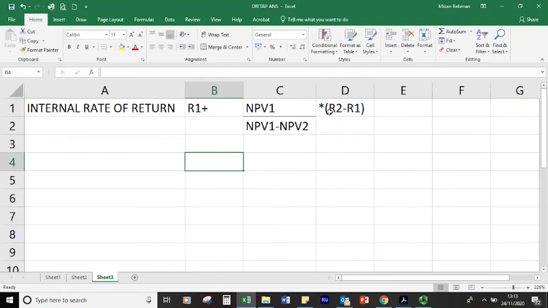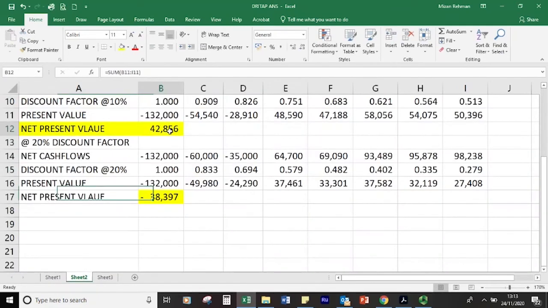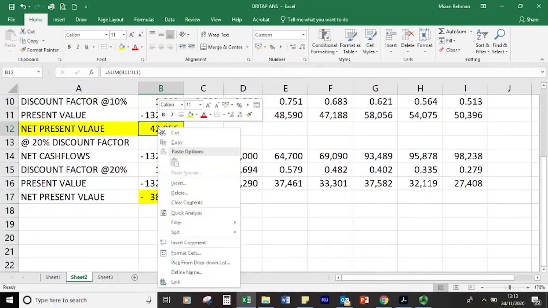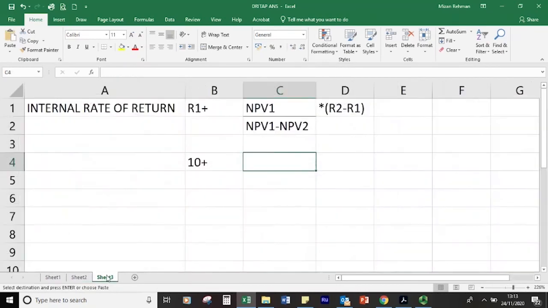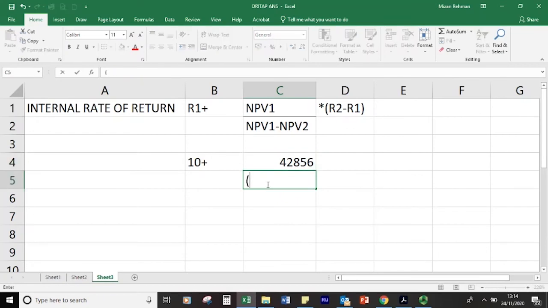So R1 is 10. Do not get messed up with the percentage sign, you don't need this in this formula. NPV1 is 42,856, so let me go there and find this out. Copy it, and on decimal places, we don't need that many. Divided by NPV1, which is 42856 minus NPV2.